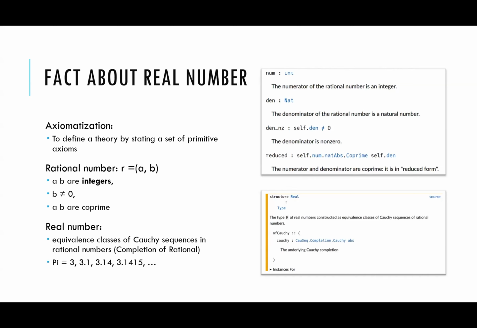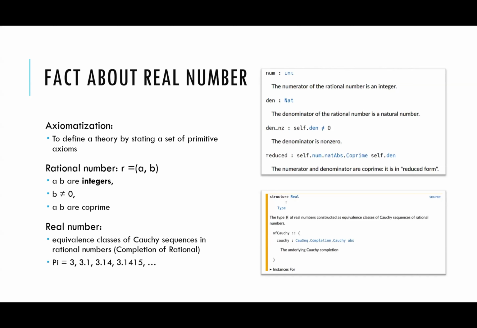A rational number is somewhat a simple thing. It's just a tuple: the first is the numerator, the second is the denominator, and you have some rules. For example, you do not want your denominator to be 0, and you want your numerator and denominator to be coprime so that you get a unique rational number instead of many tuples of the same value.